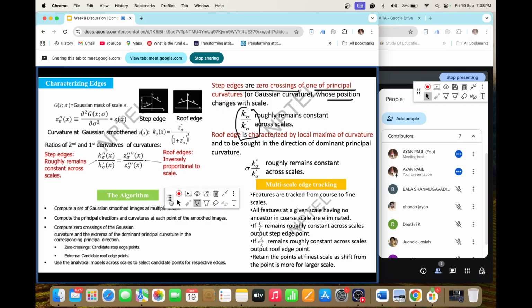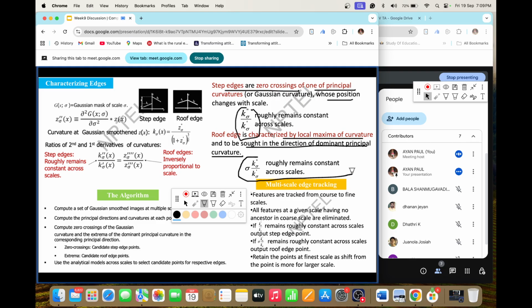Whereas a roof edge is characterized by local maxima of the curvature, to be sought in the direction of the dominant principal curvature. So here k sigma double dash and k sigma dash will remain constant.